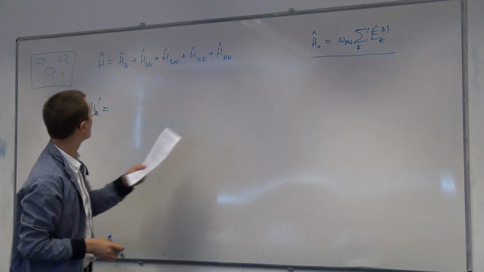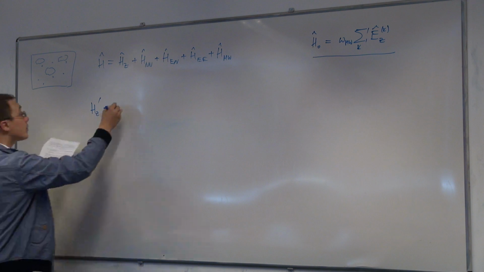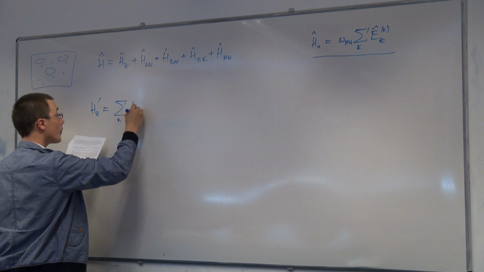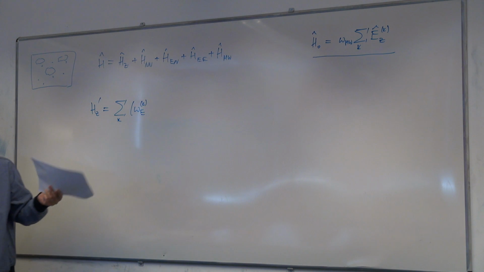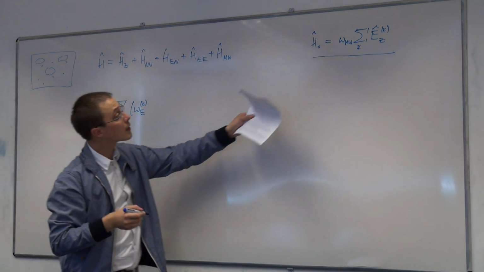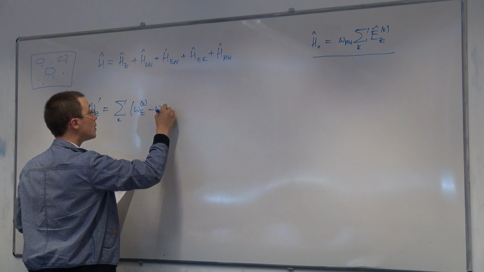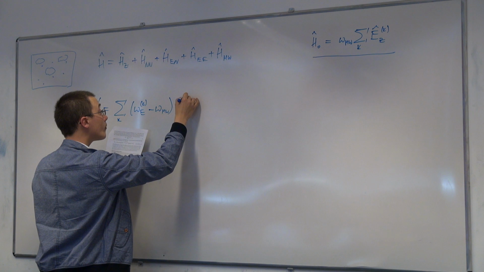So H0 will just be subtracted from the previous Zeeman Hamiltonian that we had. And so what we will have is a sum over k, omega e, k, the frequencies that were there before the rotating frame transformation. Then this gets subtracted, so minus omega microwave on Ez.